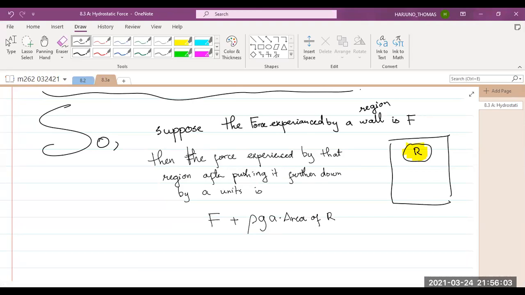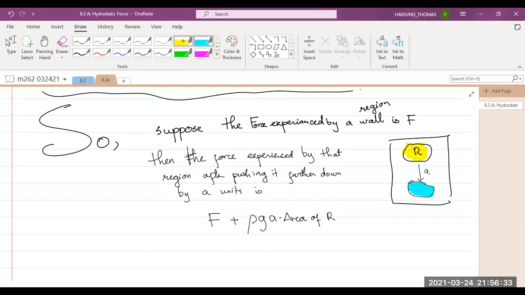So if you have that shape there and you push it down by, let's say, a units, what happens to the force experienced at this place? It will be the original force you had, plus the additional force you experience due to diving even further down.